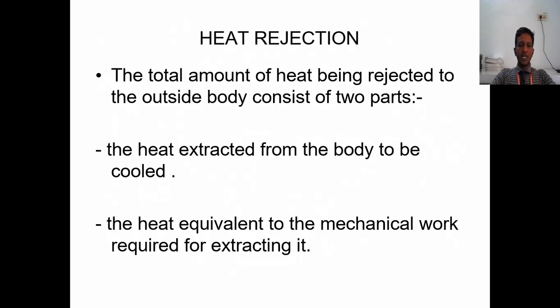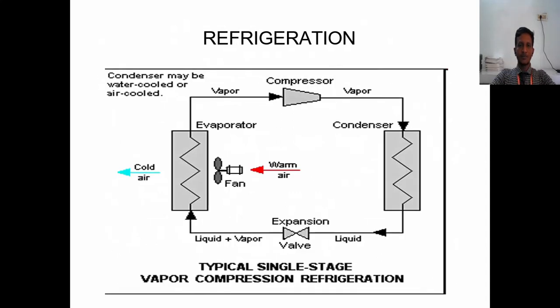Second one, the heat equivalent to the mechanical work required for the extraction of heat or heat energy. So here, heat rejection equals work done. I mean, an equal amount of work should be applied to remove the heat amount from the space.